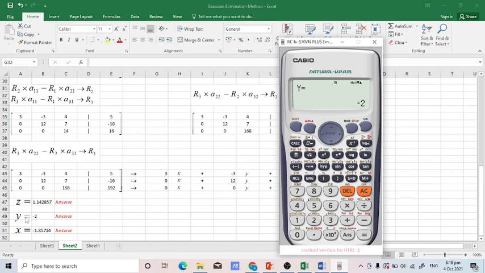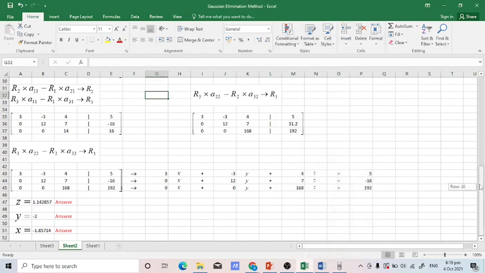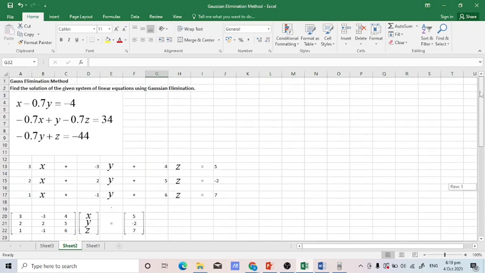So, and then negative 2. And then 8 over 7. 1.142857. Check. Okay. O, diba? Ayan, meron na akong calculator ko sa Excel.